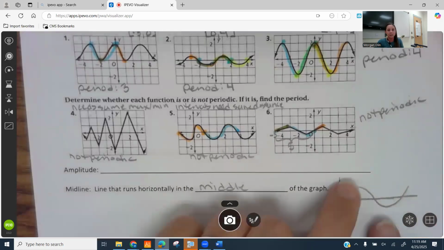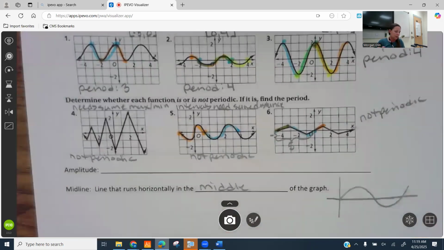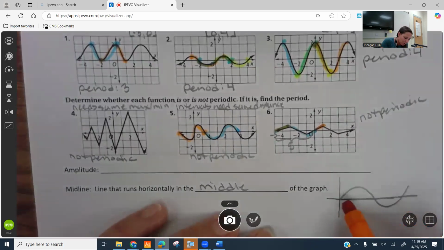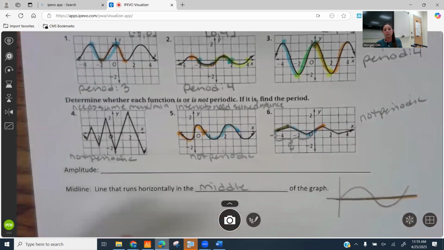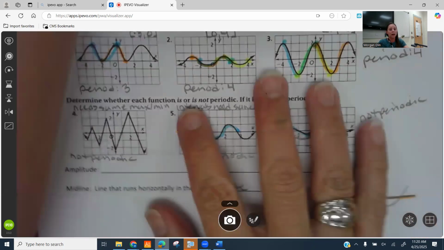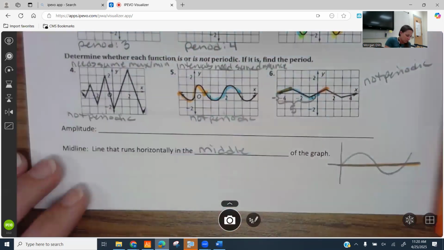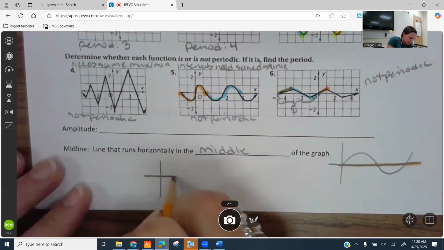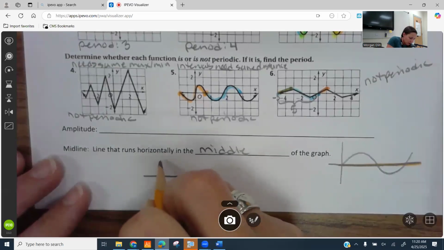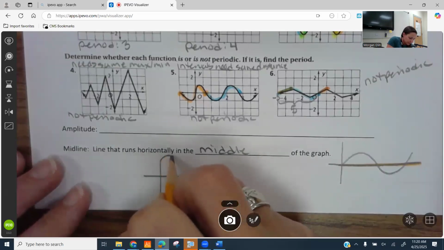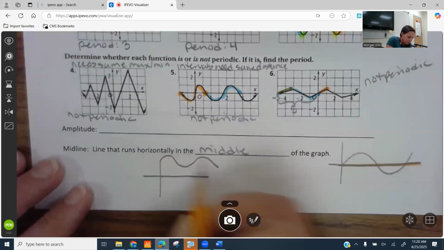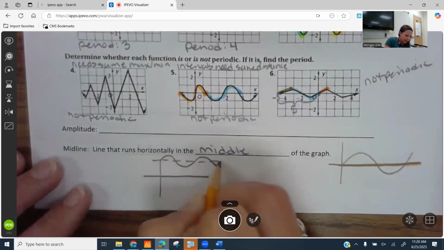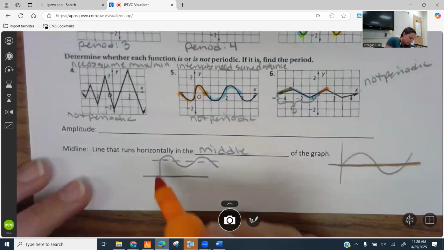Now pretend that's the same maximum. You're going to have a line that runs through the middle of this graph. In this case, it could be like your x-axis. You may also have a graph that might look like this, but it may be up here, like that, and your midline will run right here. So that's going to be your midline.